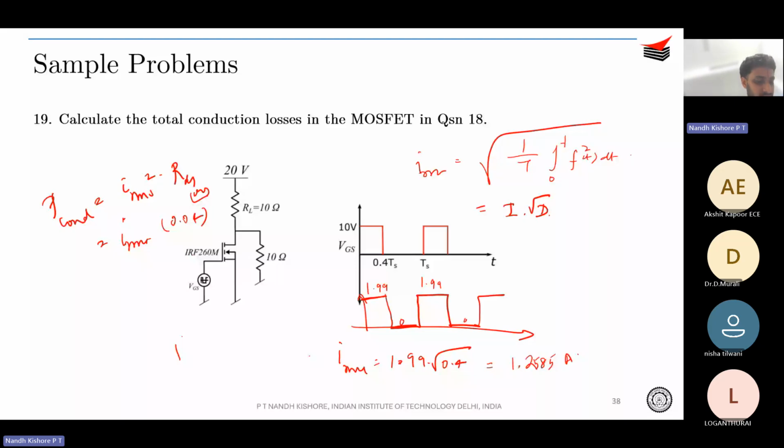So from this you compute the conduction loss, I RMS square into 0.04. So that is 63 milliwatt. Okay, IRMS square into RDS on. So just compute what is the IRMS and multiply by RDS on.